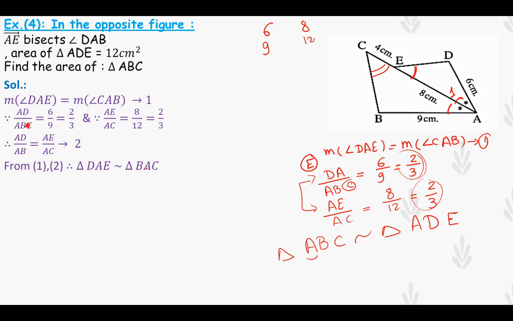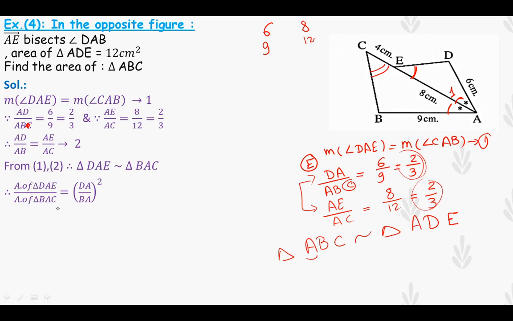So A is opposite to A, B is opposite to D, and C is opposite to E.